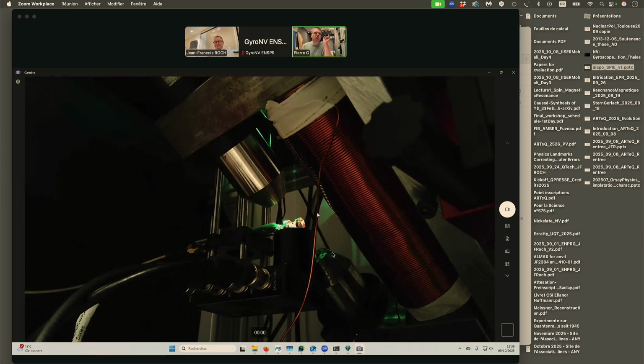So what you can see here on the picture is antennas. We have 2 RF antennas here. This is an electromagnet that we can orient in both directions, and the diamond itself is in the center of the picture, and you can faintly see the fluorescence light. But let me show you what I see when I have the glasses that are blocking the green laser.